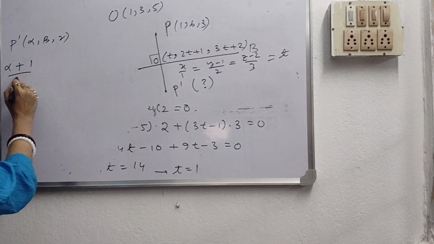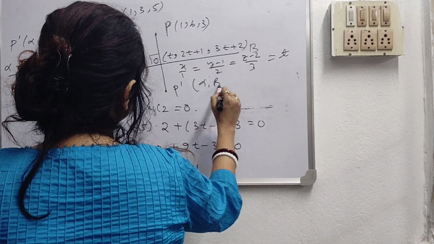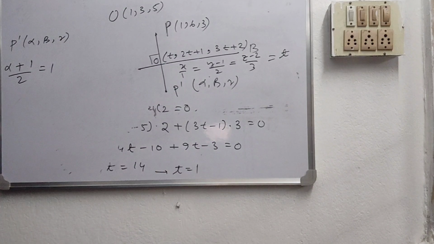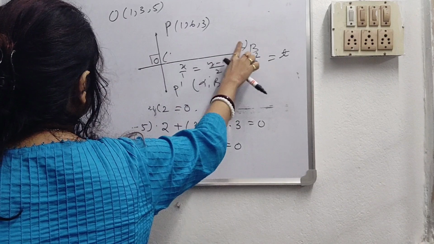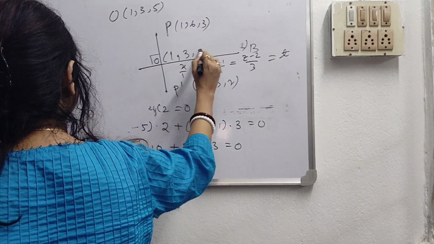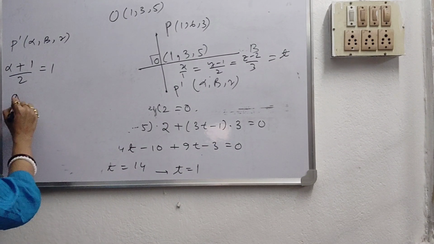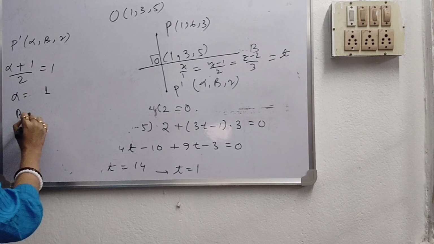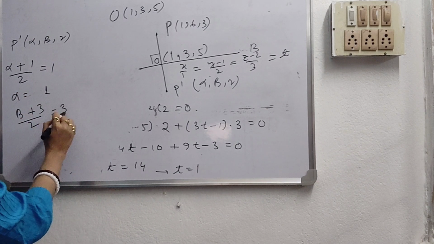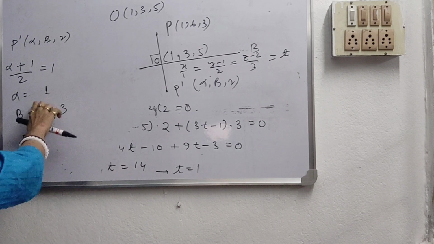Then (alpha + 1)/2 = 1, because I got this point (1, 3, 5). Then alpha = 1. (Beta + 6)/2 = 3.